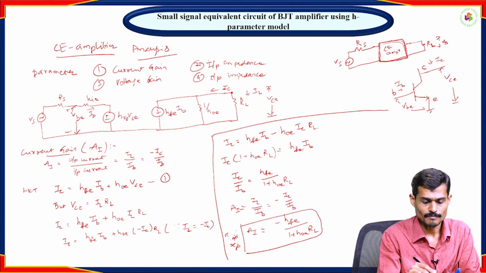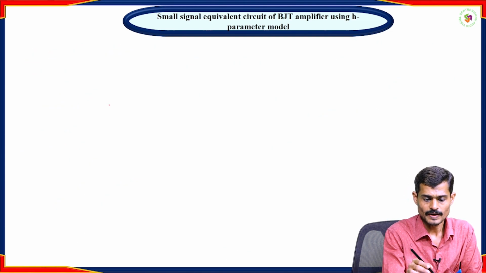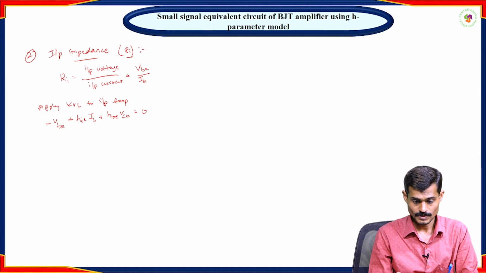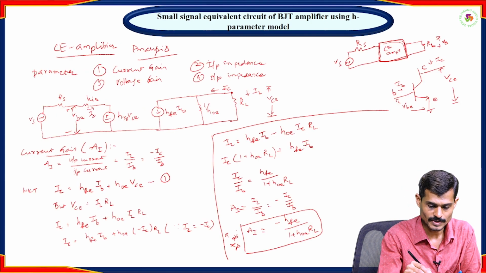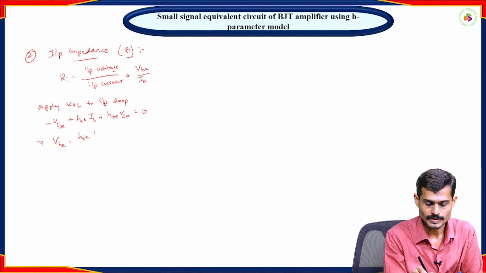Applying KVL to the input loop, that will be minus VBE plus HIE into IB plus HRE into VCE equals 0. Then the loop will be completed. So that implies VBE equals HIE into IB plus HRE into VCE.